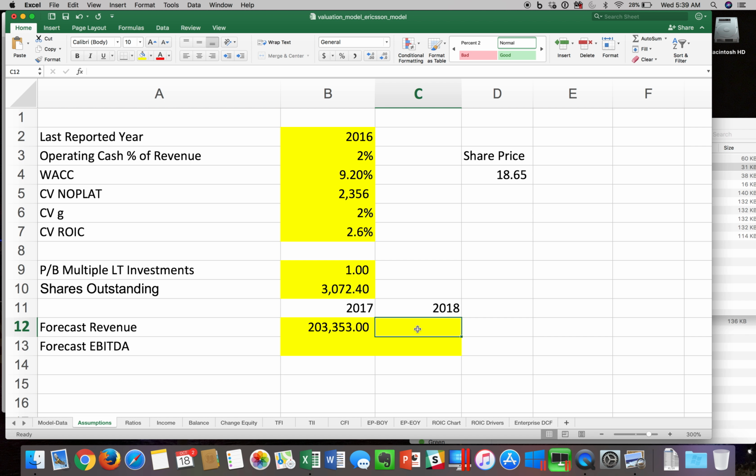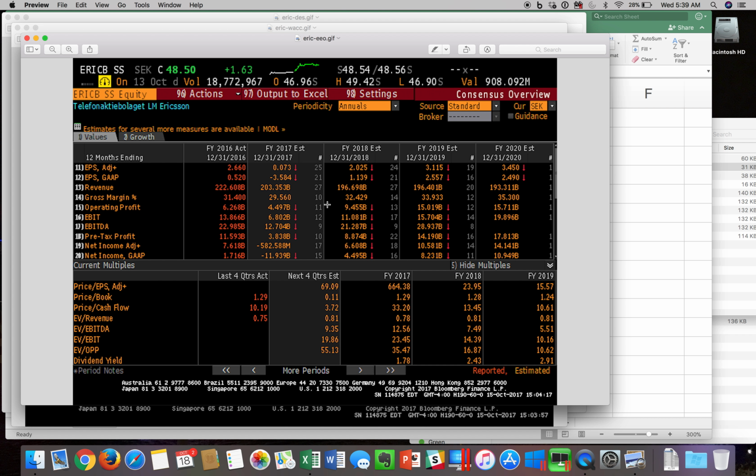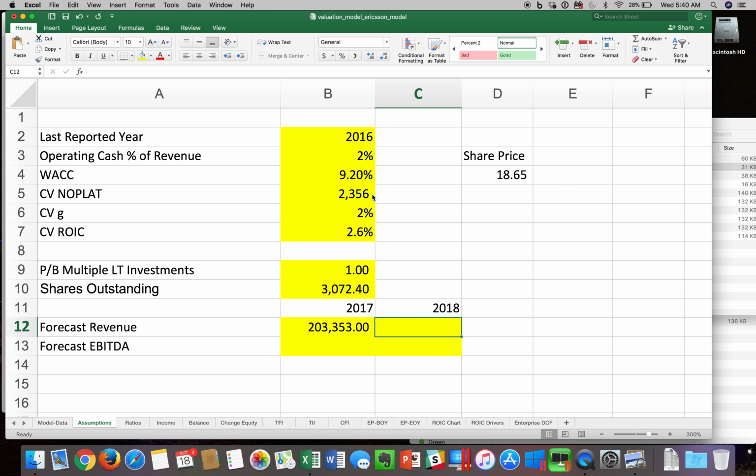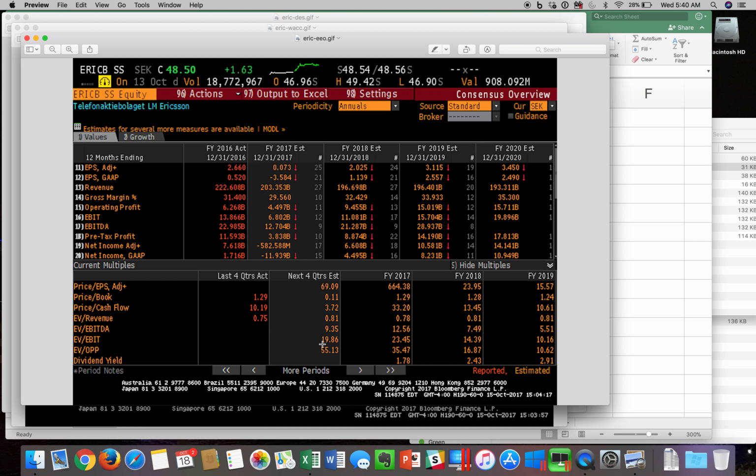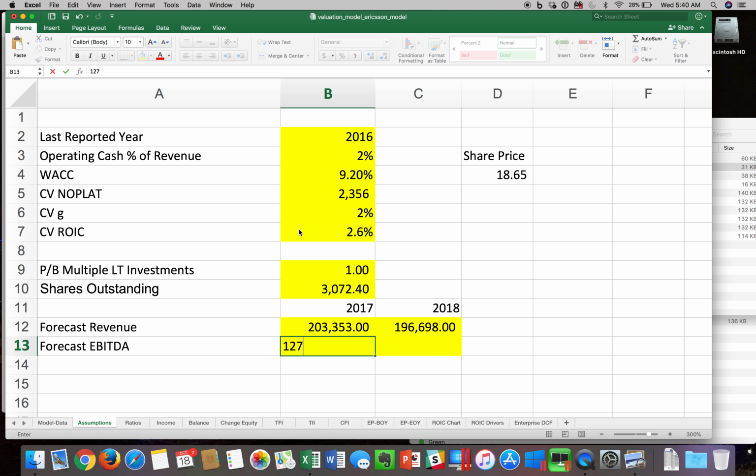For 2018, 196,698. For forecasted EBITDA, the 2017 consensus estimate is 12,704.